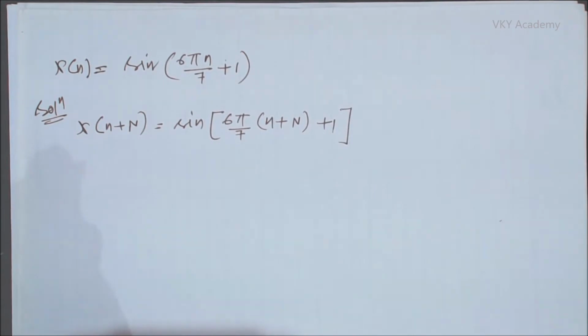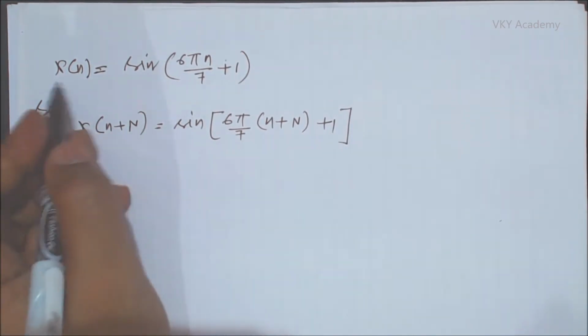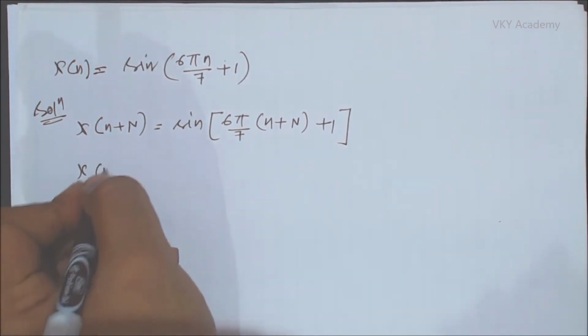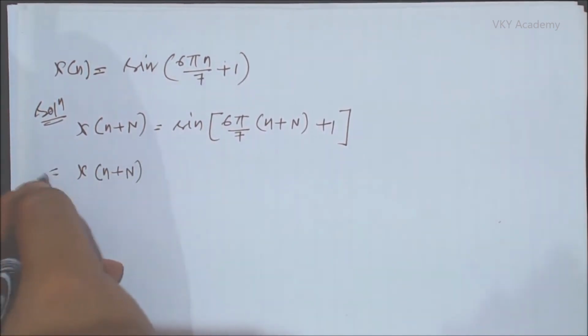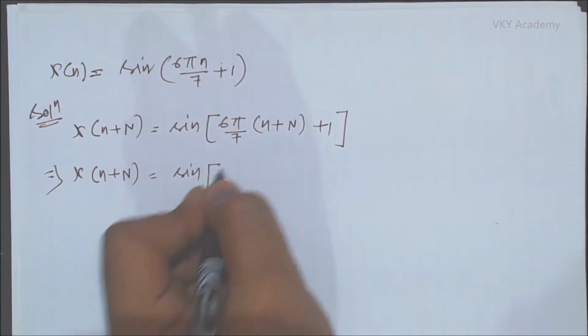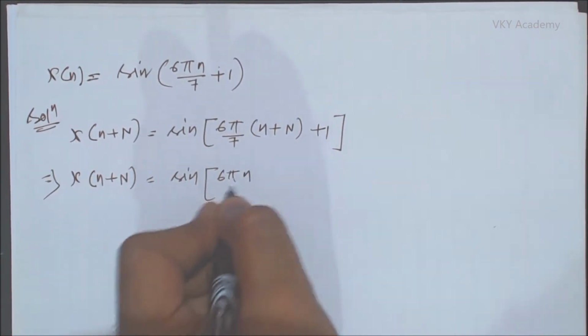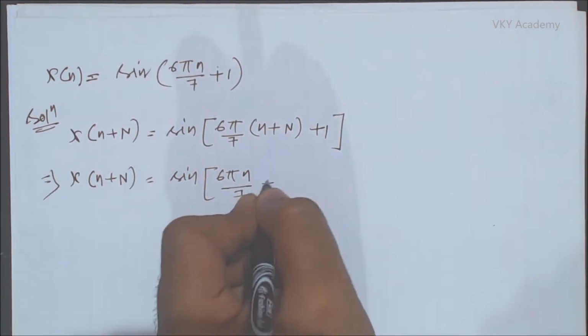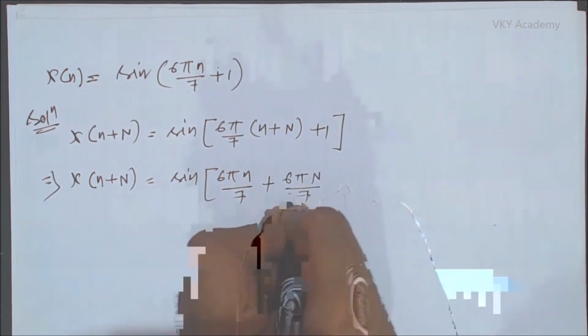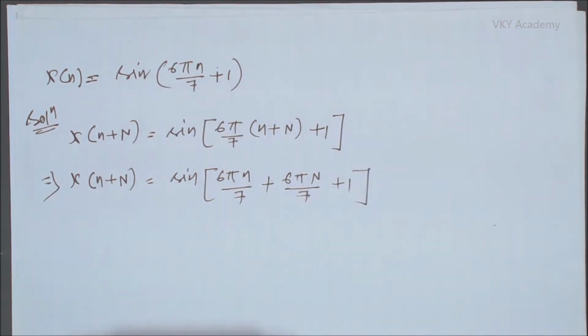When a signal is periodic, x of n plus capital N is always equal to x of n. So x of n plus capital N is equal to sine of 6 pi small n divided by 7 plus 6 pi capital N divided by 7 plus 1. This is my function.